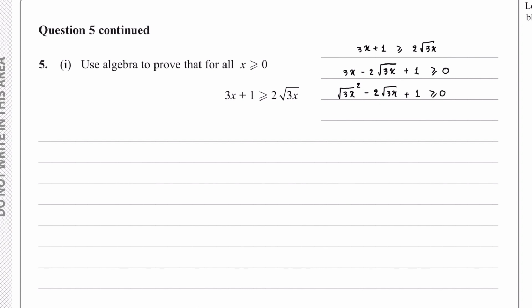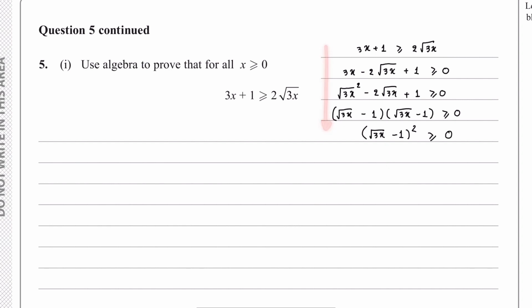From this term, you can see that we have a quadratic expression. That means we can factorize it into two brackets: (square root 3x minus 1) times (square root 3x minus 1), which is greater than or equal to 0. So this term, we can rewrite it as (square root 3x minus 1) squared is greater than or equal to 0.